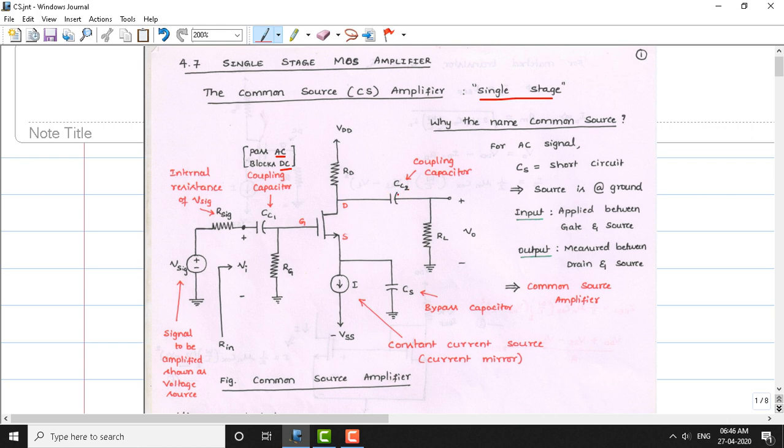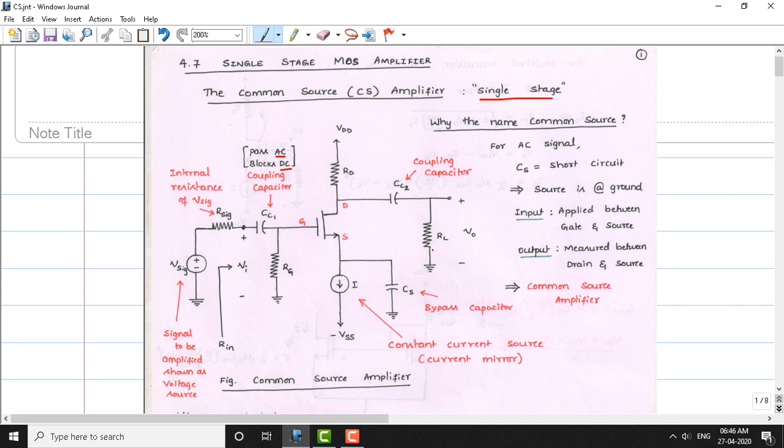This capacitor blocks the DC going out from the drain. Only the AC signal is allowed to pass through the coupling capacitor CC2, and the AC signal drops across the load resistance RL. RL is usually a loudspeaker. The loudspeaker is modeled as a load resistance here.